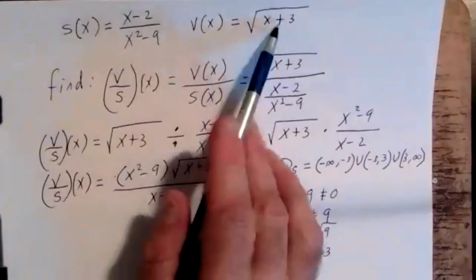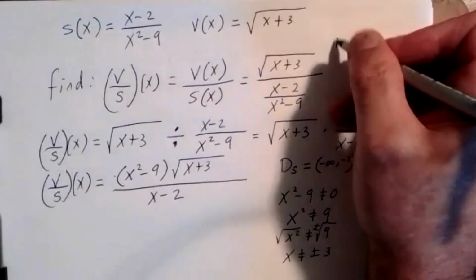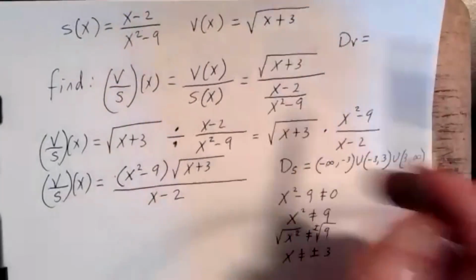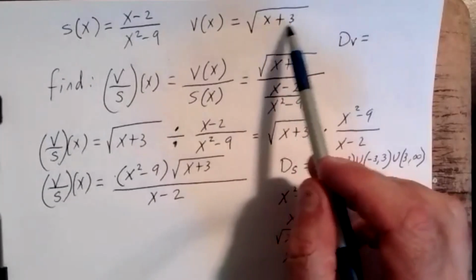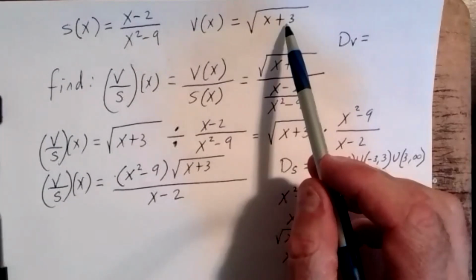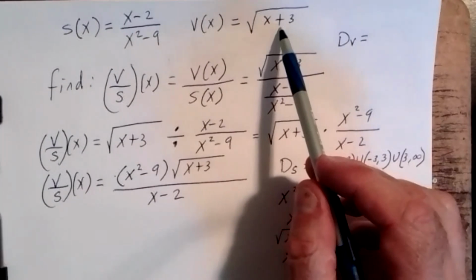Now, what's the domain of function v? Function v is defined to be a real number just so long as this x plus 3 never becomes negative. As soon as x plus 3 becomes negative, you're taking the square root of a negative, which is no longer a real number but an imaginary or complex number.